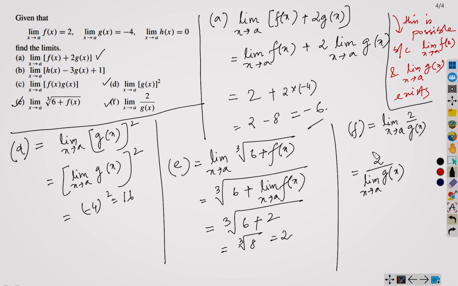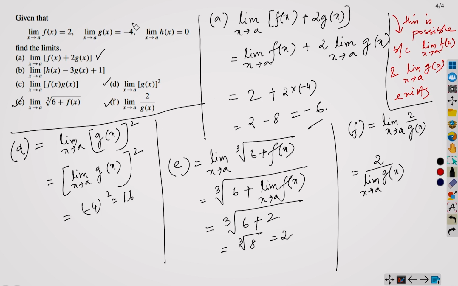The limit exists since g(x) is in the denominator, the limit exists, and on top of that it is not equal to 0. Okay, you have to remember this. In the case of a denominator, if the denominator is getting 0, then we cannot do this thing. Okay, the limit exists plus the limiting value of the denominator is not 0.